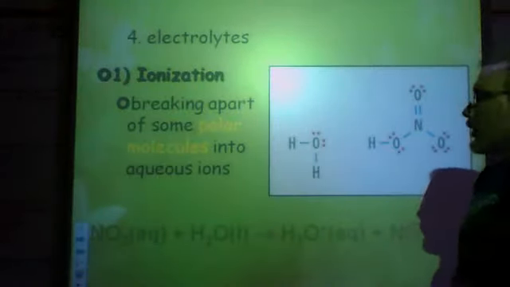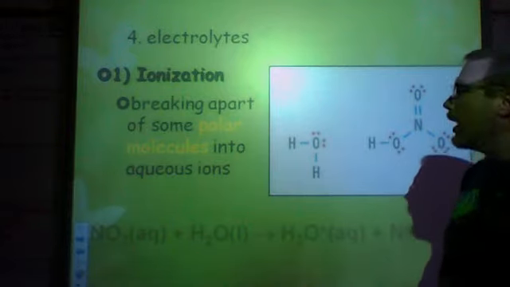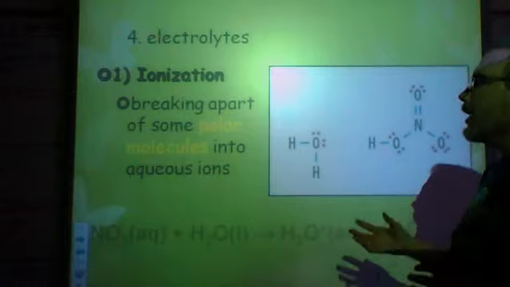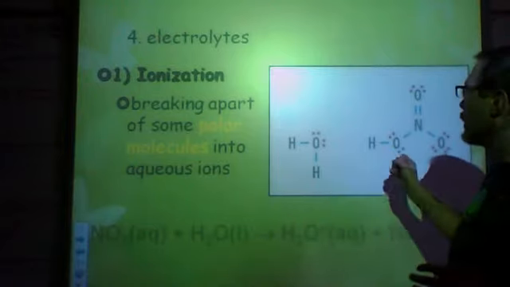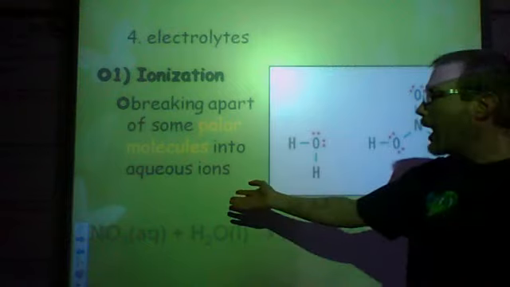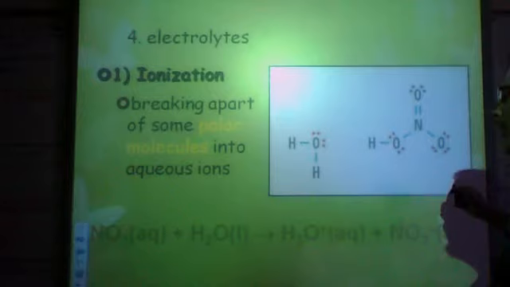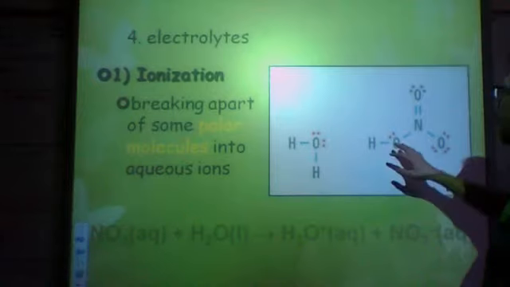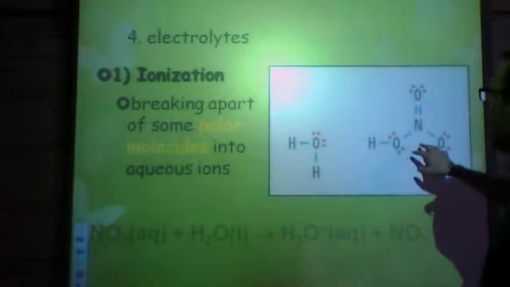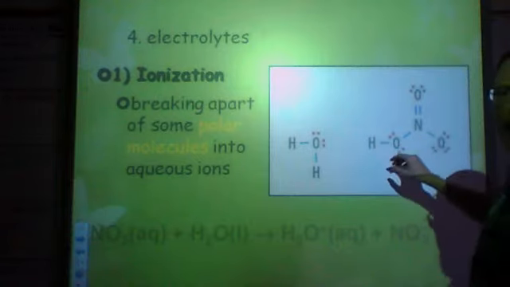Now, ionization is similar to dissociation. It's taking polar covalent molecules and breaking them up into what are called aqueous ions. One example you see right here is nitric acid, HNO3.